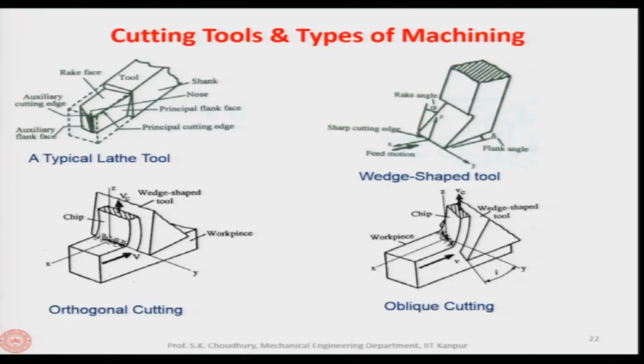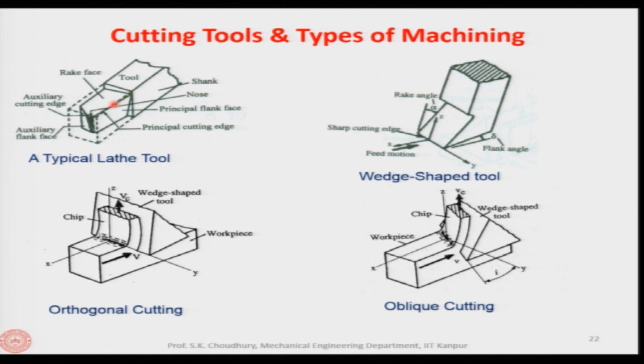Now, the cutting tools and the types of machining. This is a typical lathe tool. Here we have the shank, which is the portion by which the tool is clamped in the tool post. Then we have the rake face, and the principal flank face.